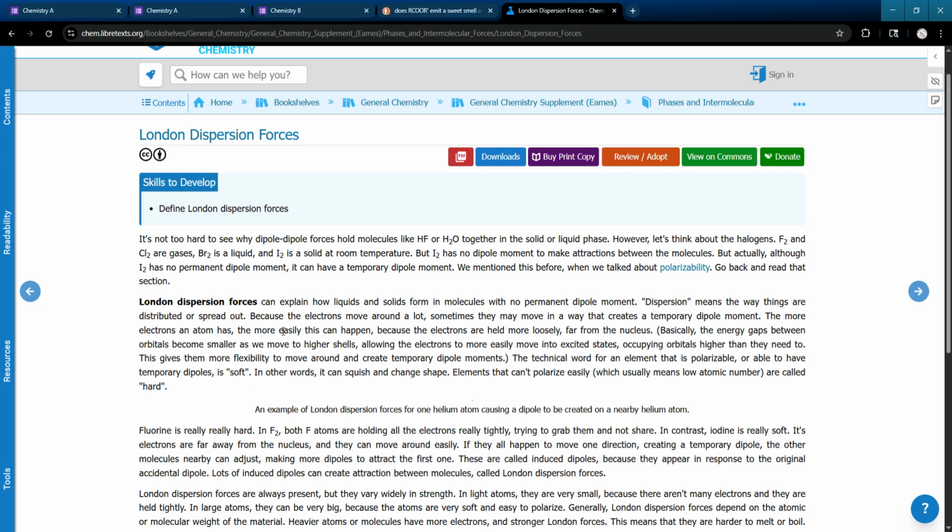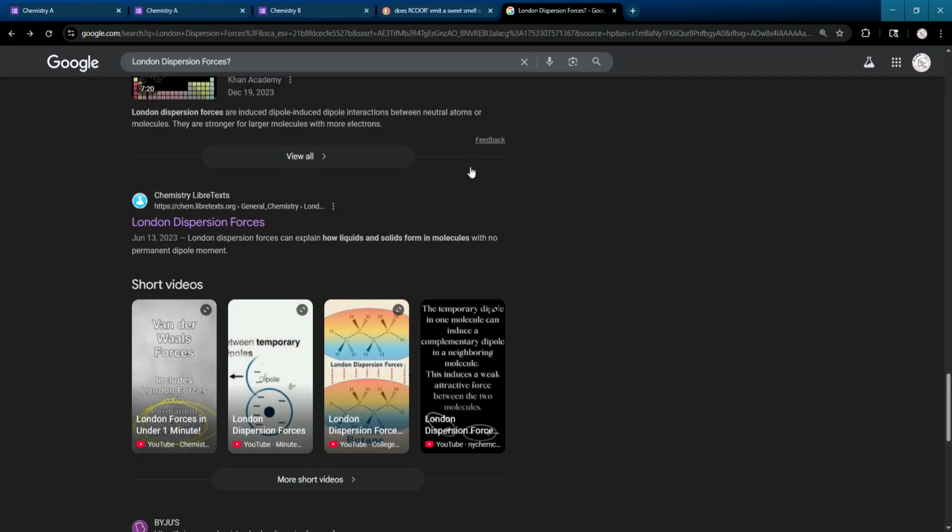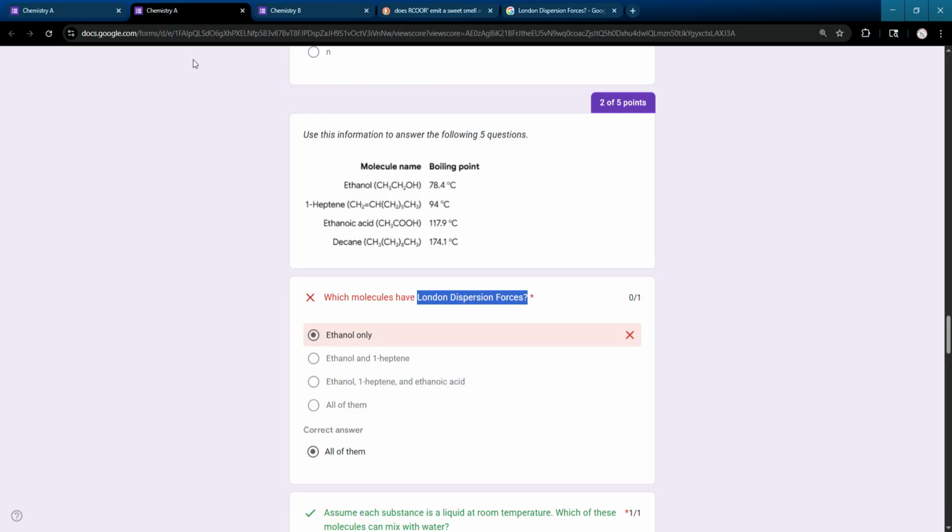I see. The more electrons an atom has, the more easily this can happen, because they move around more often. You see? Okay. So that was a good website.